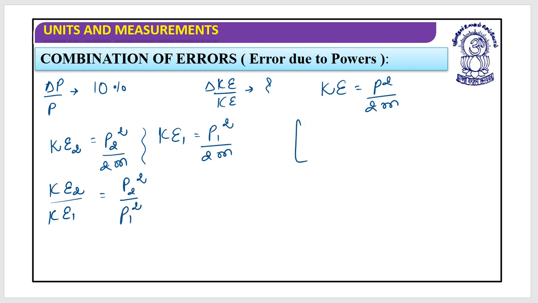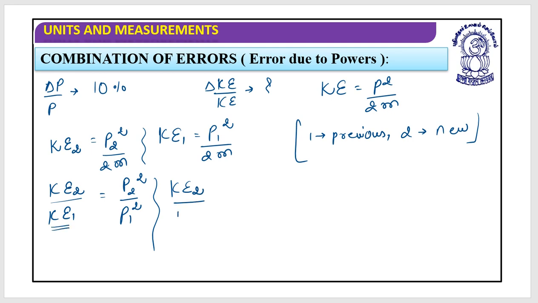Now I have taken 1 as the previous and 2 as the new symbols. Now, when there is data in percentage, I can take 100 as a base. So previously it was 100, and the new one I need to find out. So I can write like this: new kinetic energy, I don't know.